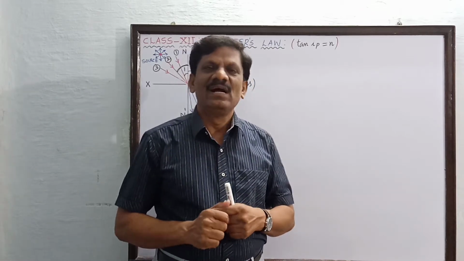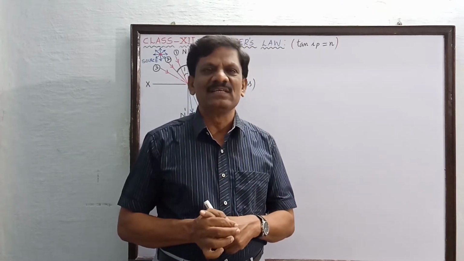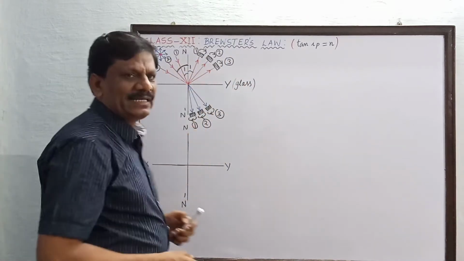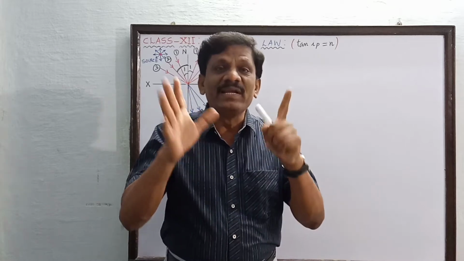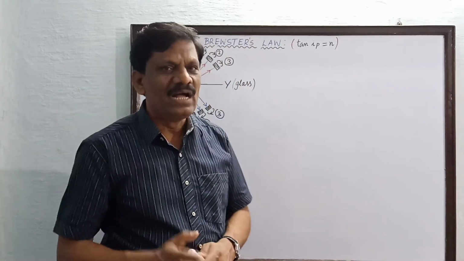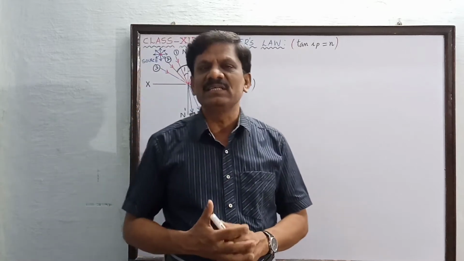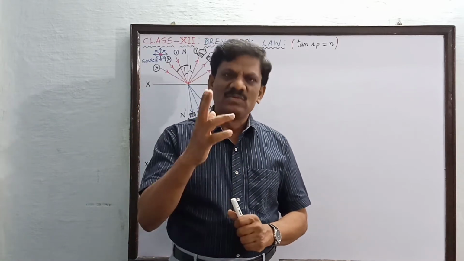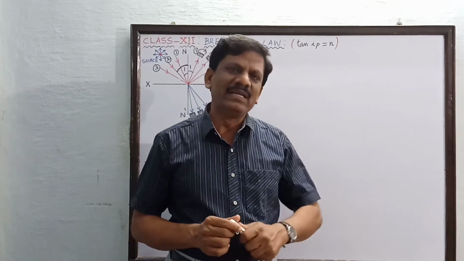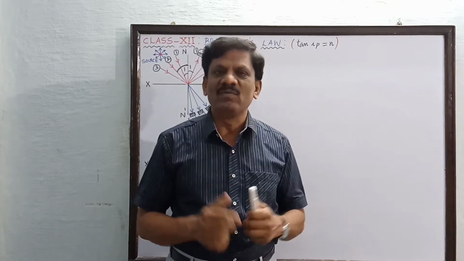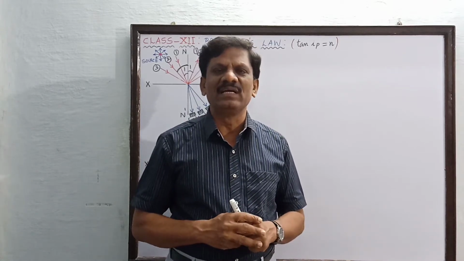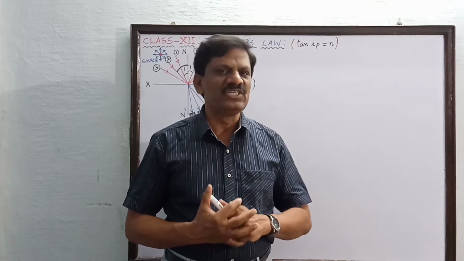Second, at this angle of incidence, the reflected beam and the refracted beam are perpendicular to each other. So the two points at the angle of polarization: first, the reflected beam is completely polarized. Second, the reflected beam and refracted beam are perpendicular to each other.